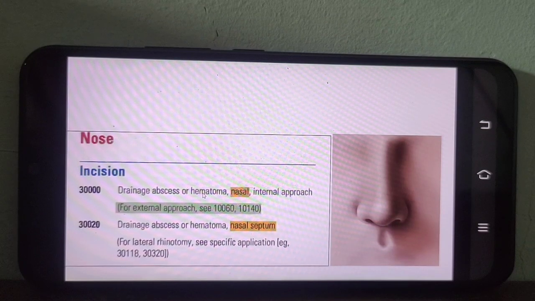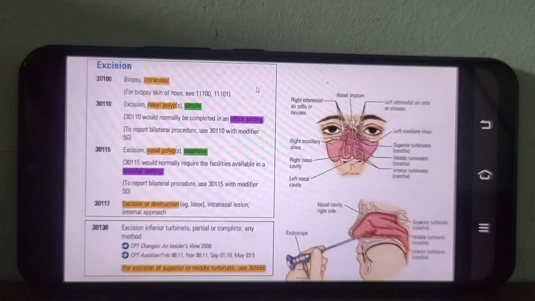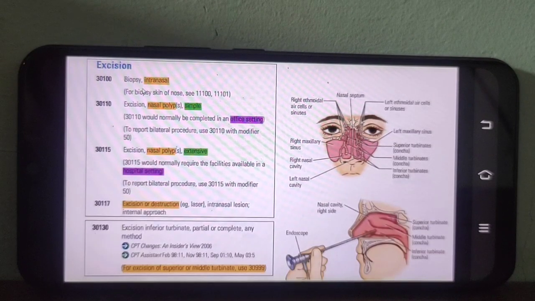Now check what is the procedure and what is the anatomical site. Intranasal. Biopsy is the procedure, nasal is the anatomical site.